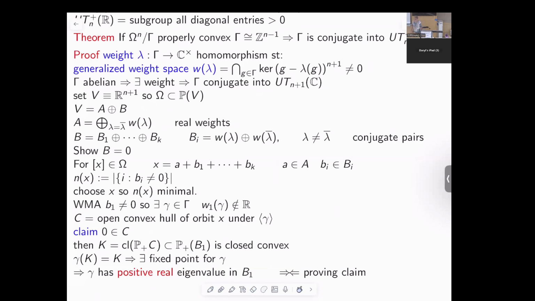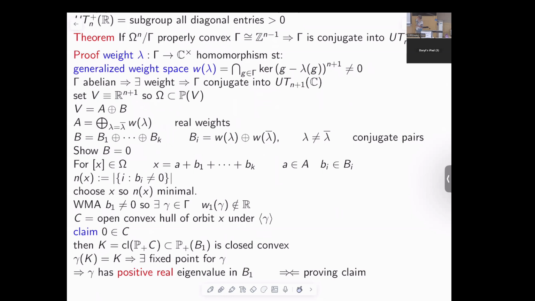So the first step is to argue that, well, it's certainly conjugate, if I complexify, if I use complex numbers, this group is certainly conjugate into the upper triangular group over the complex numbers. That's just algebra. The point is that there's this weight space decomposition. So what's a weight? It's a homomorphism from the group into the nonzero complex numbers under multiplication, with the property that the generalized weight space is nonzero.